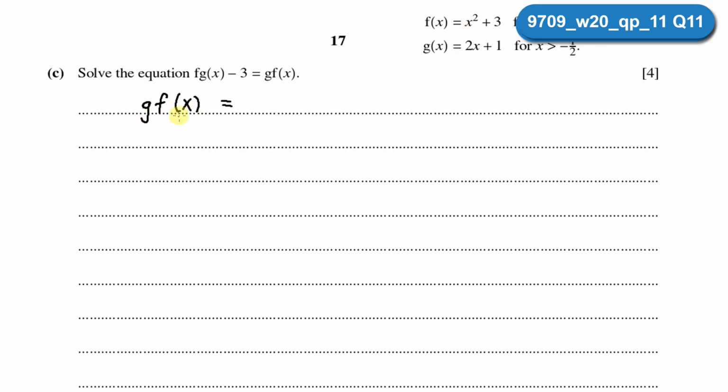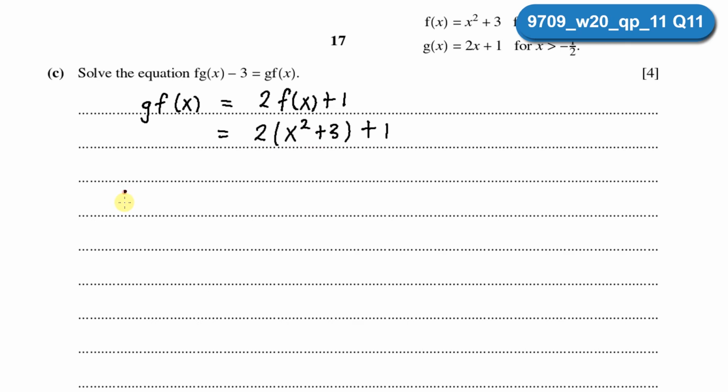So when we say g of f of x, we're saying that we're inputting f of x into g. That will be 2 of f of x plus 1, which is 2 of x squared plus 3 plus 1. So that's g of f of x.